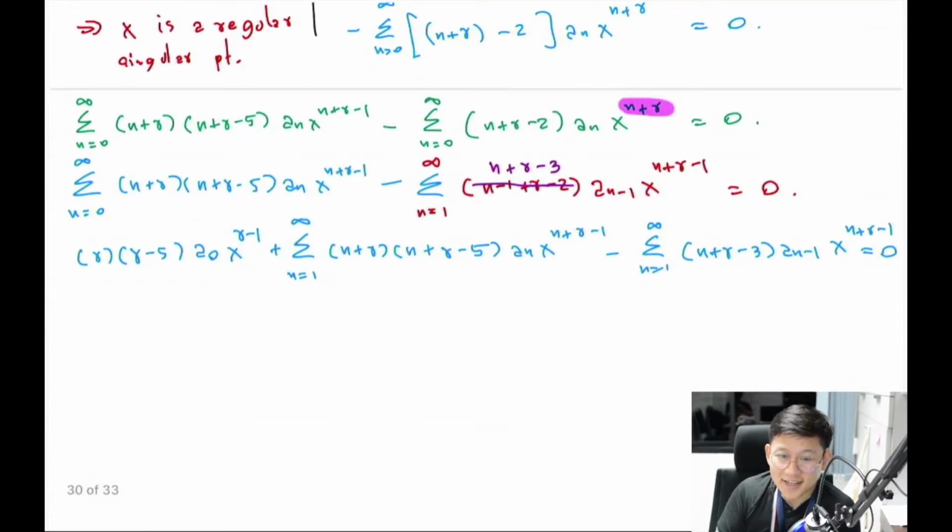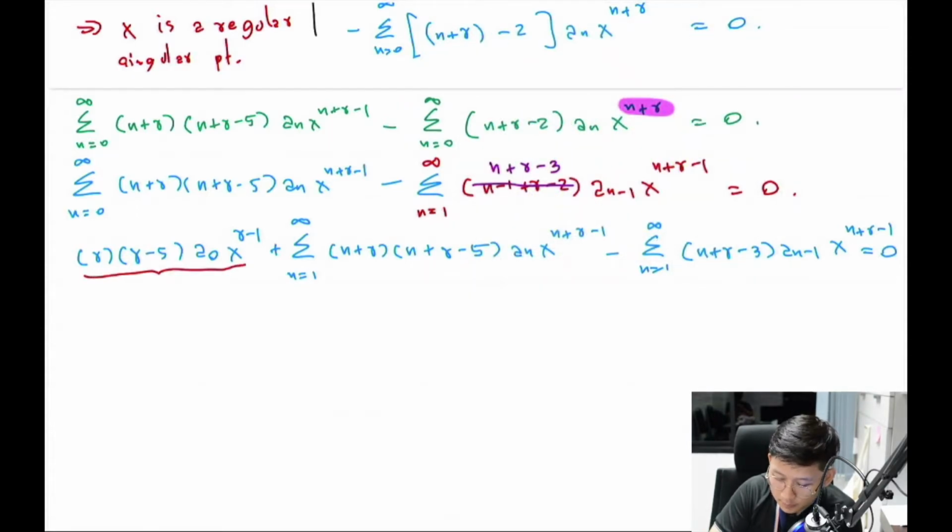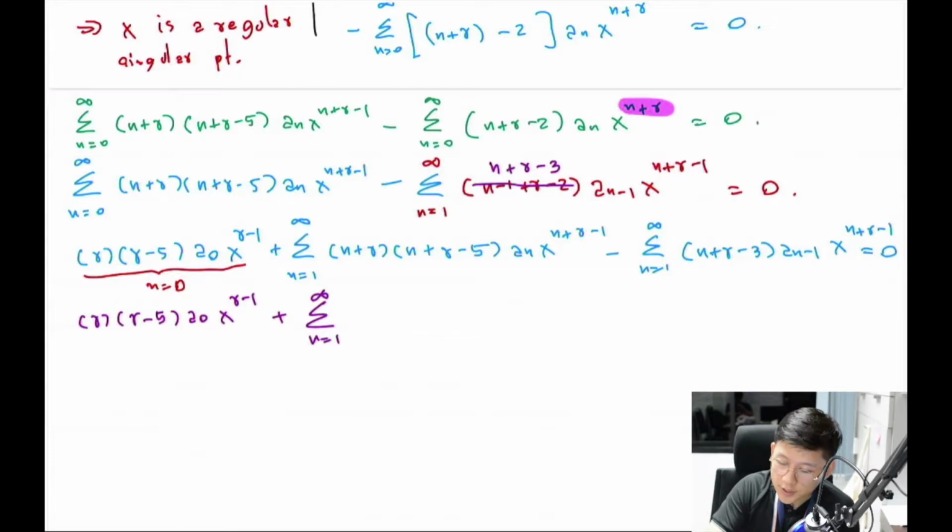Okay, and guys, don't forget, we have done that many times already. So here is when n is 0, and the second term is when n is 1 to infinity. So I will just rewrite this again. r minus 5 a0 x to the r minus 1 plus summation n from 1 to infinity. Guys, as you can see, you have the same exponents already.